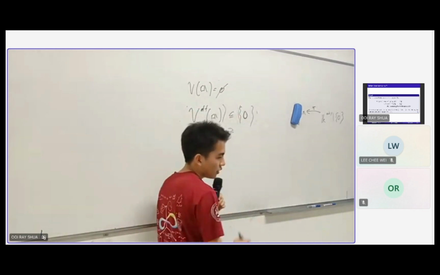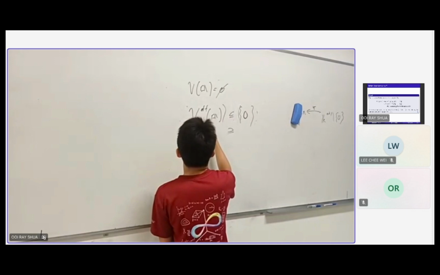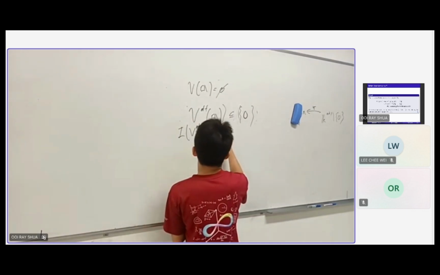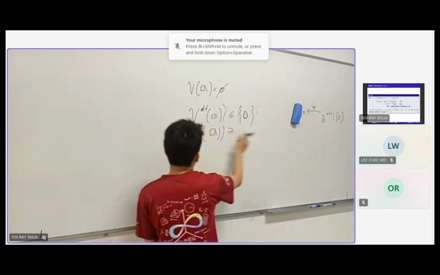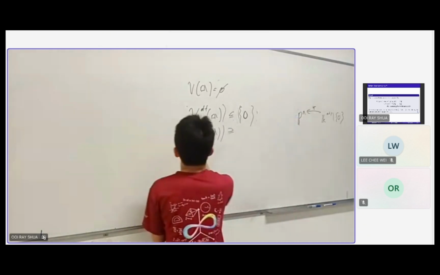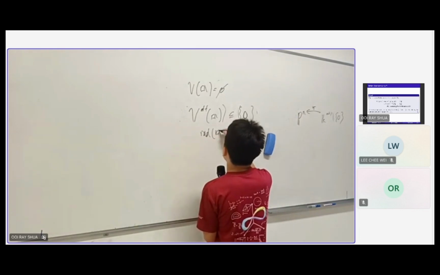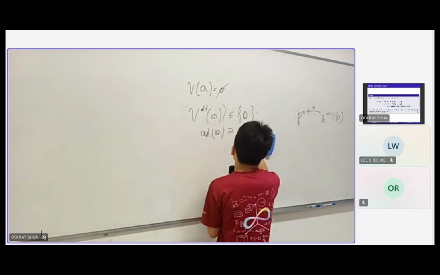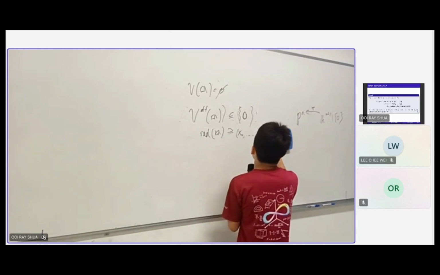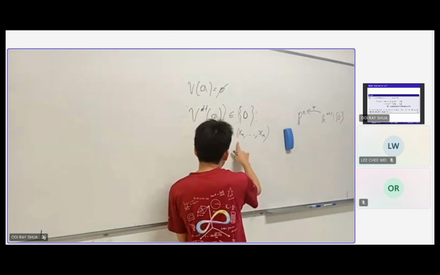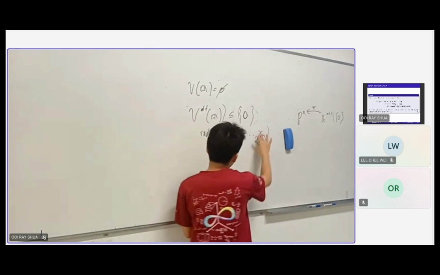Because I and V are affine, since the bijection is defined by the Nullstellensatz, this ends up becoming a radical. And then the radical of the ideal is larger than the ideal generated by x0 up to xn.